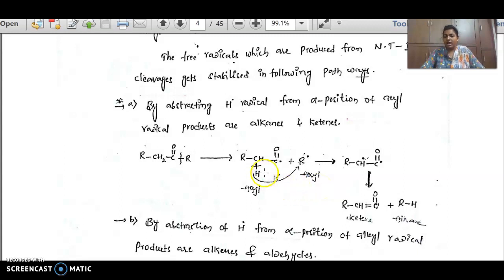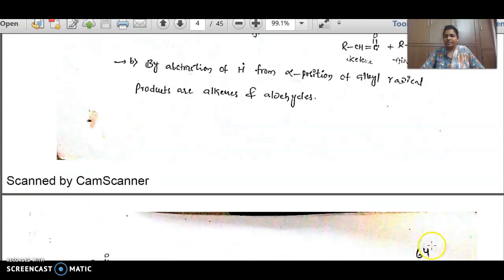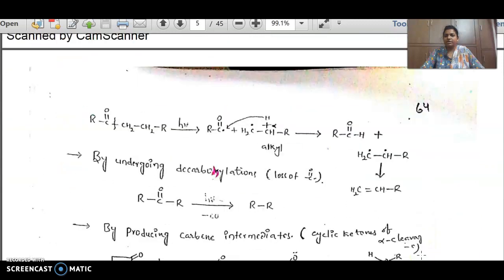Another one: the acyl radical taking hydrogen from the alpha position of the alkyl radical. If the alkyl radical is taking, it forms ketene and alkane. If the acyl radical is taking hydrogen from the alkyl, it forms alkene and the aldehyde.